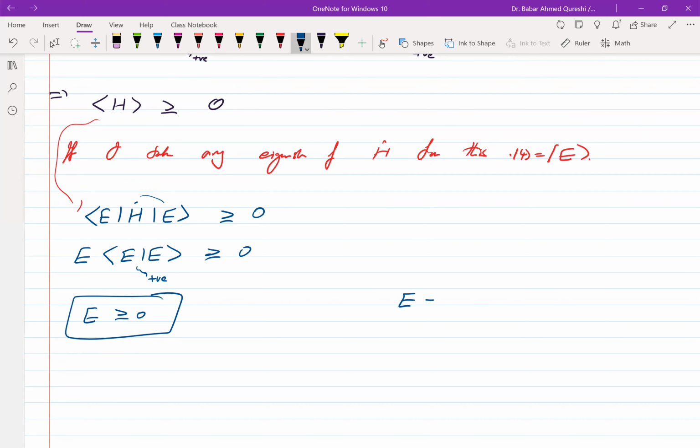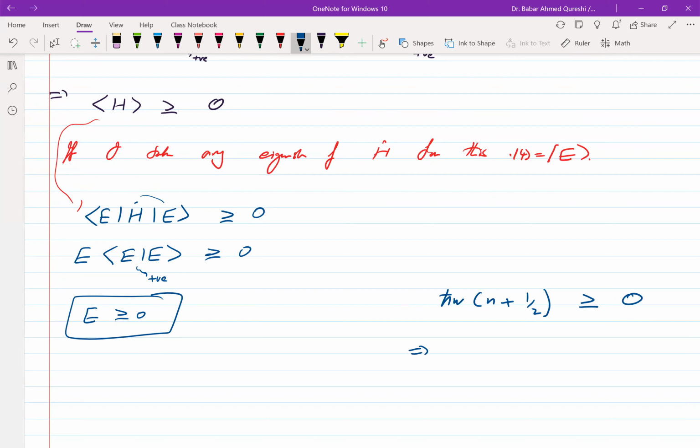But the eigenvalues of the Hamiltonian, this I just found out, this is an eigenvalue for any n. So this has to be greater than 0.